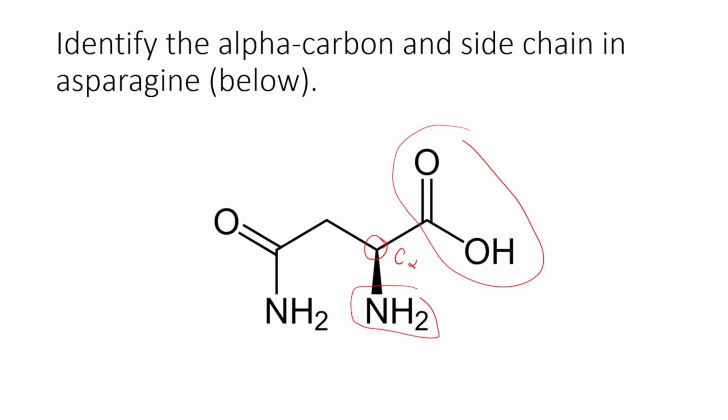Exactly, everything that's not the backbone is the side chain. So that is over here. Any questions about identifying the pieces of our amino acid? Okay. A lot of times the side chain, we'll call it the R group.